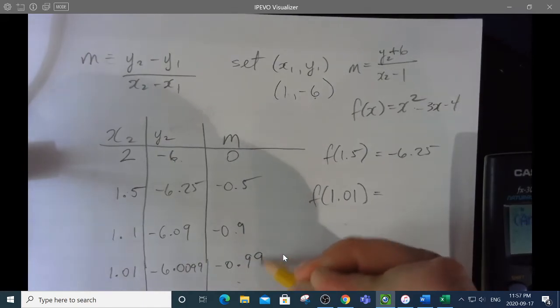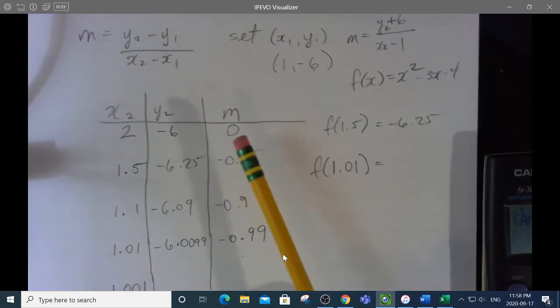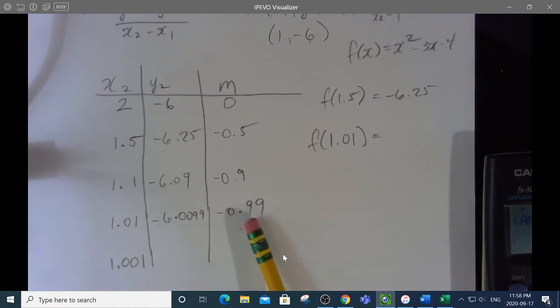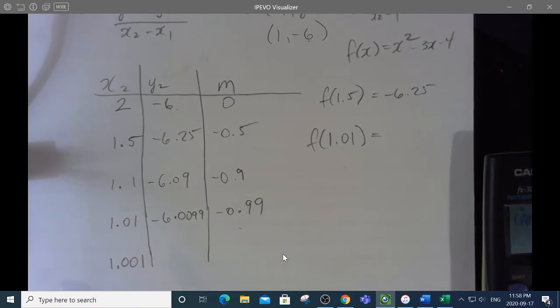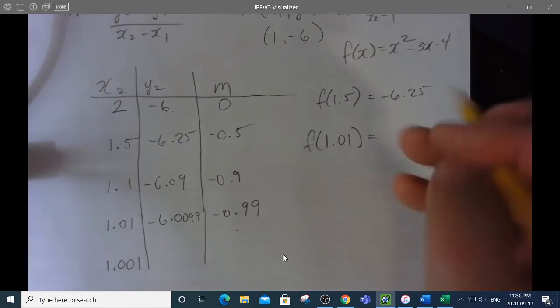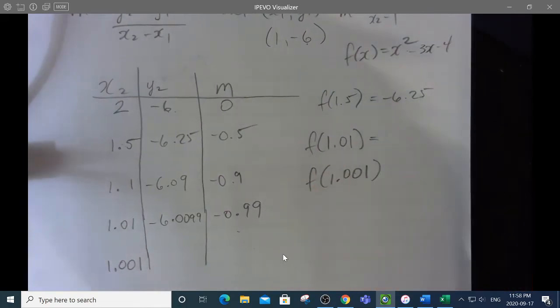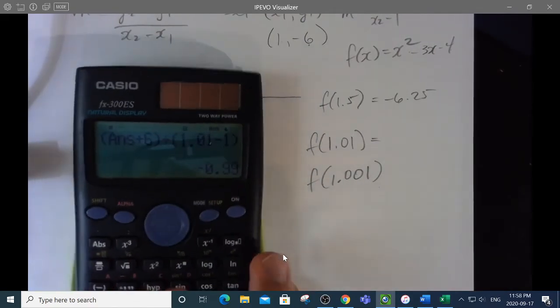Do you see a pattern happening here? Went from 0 to negative 0.5 to negative 0.9 to negative 0.99. I'm going to go out on a limb and guess that the next one's going to be negative 0.999. So let's see if that's right. So let's find f of 1.001, just because I love punching buttons that much.